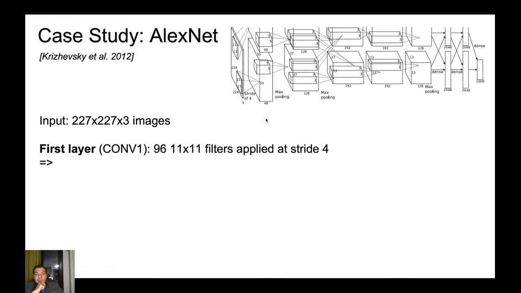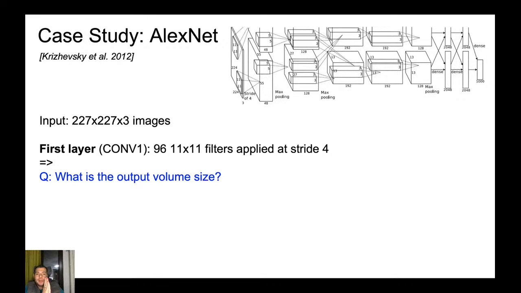So here you see that one network has 48 filters and the other one also has 48 filters, and these are stacked together into a single network with 96 filters. And the filters have 11 by 11 components, and they are applied at the stride of 4.